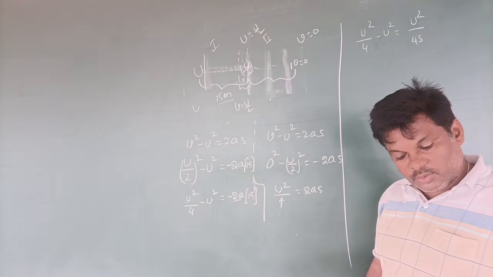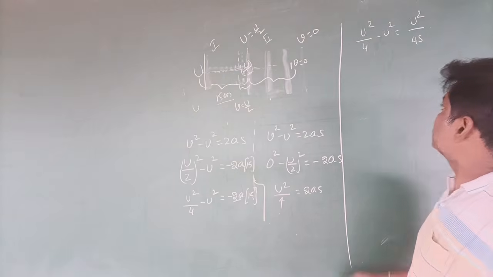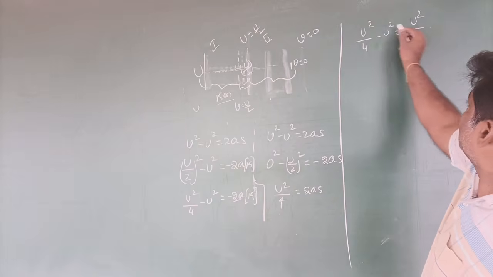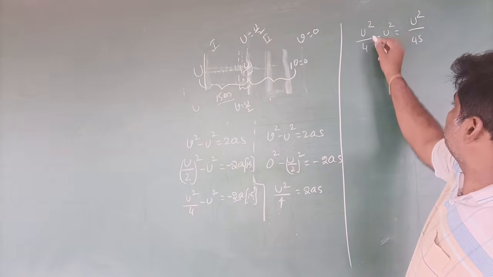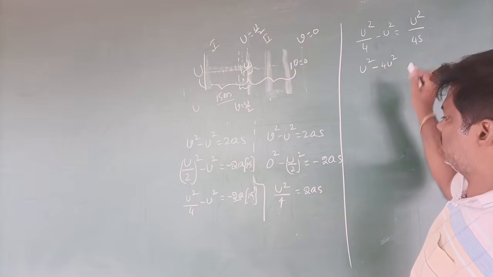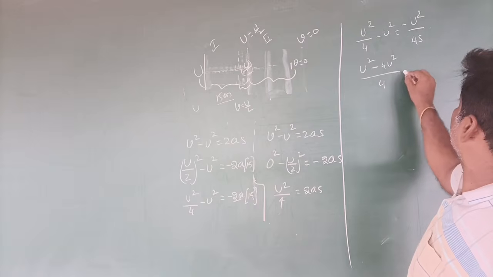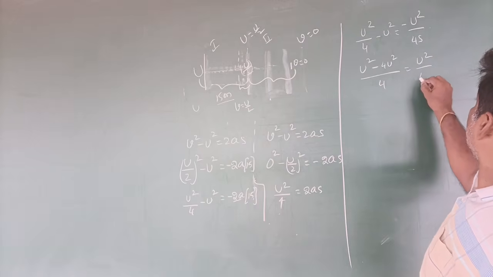Okay, you need to calculate what? S only. So u square will get cancelled on all the three sides, or else you can proceed with this u square minus 4u square. So it will be minus the next term, sir. Minus 4u square by 4 is equal to u square by 4s.